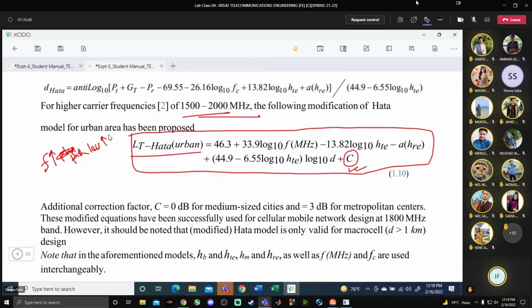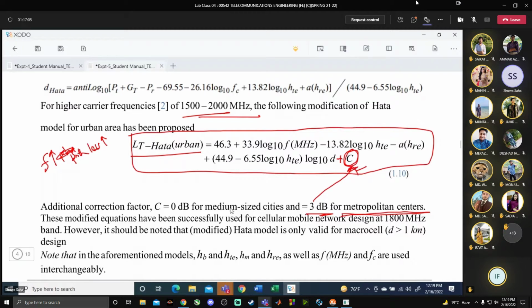Okay. So for this reason, as we are operating at higher frequency, path loss will be more. So they have added an extra correction factor, extra path loss, meaning a margin. But this has to be added only for metropolitan areas, centers like Dhaka, Chittagong, Sylhet. So if those are the areas, then you have to add 3 dB here. C will be 3 dB.